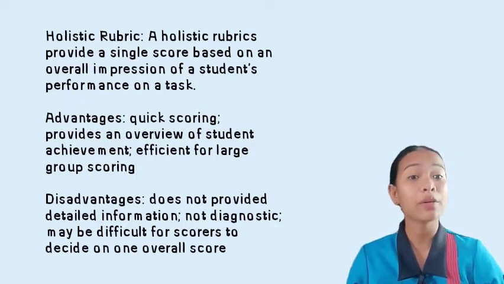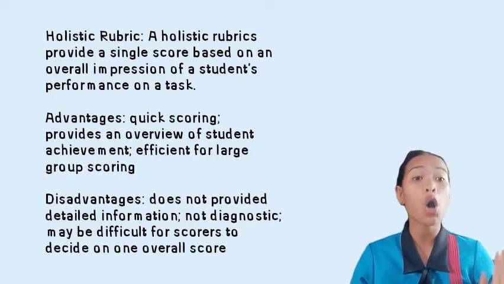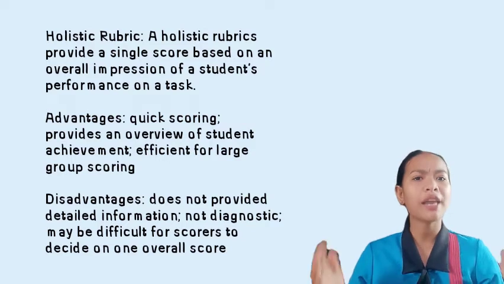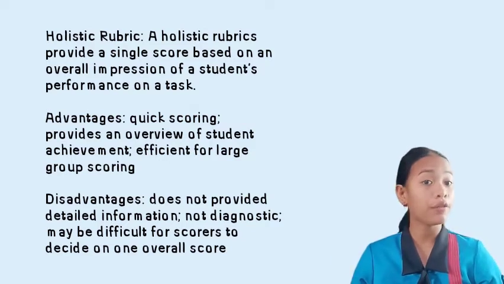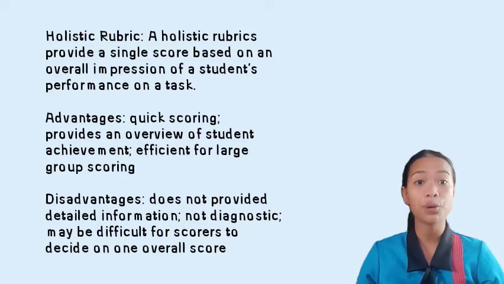A holistic rubric provides a single score based on an overall impression of a student's performance on a task. The advantages are quick scoring, an overview of students' achievement, and efficiency for large group scoring.